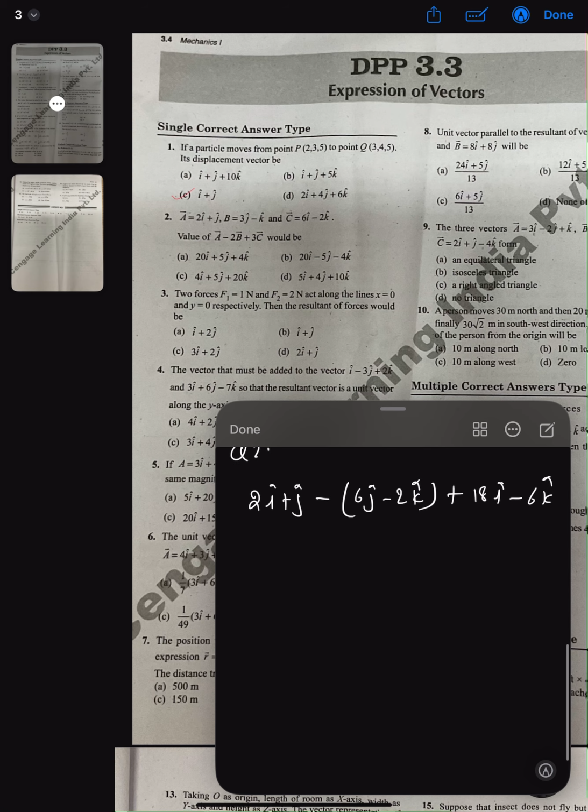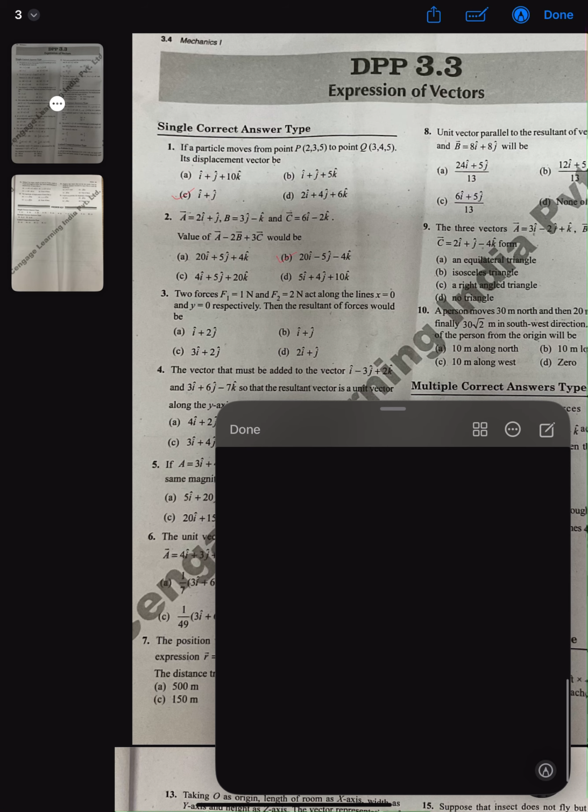Now when you solve this, you will get 20i cap, then add j. So j will be minus 5j cap, and then k: plus 2 minus 6, minus 4k cap. The answer will be B.